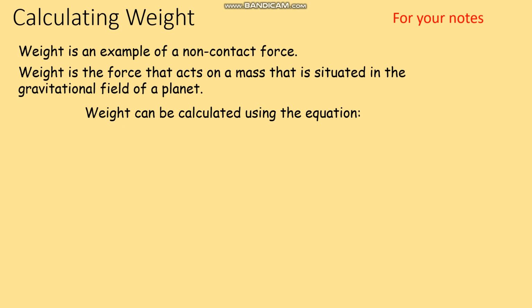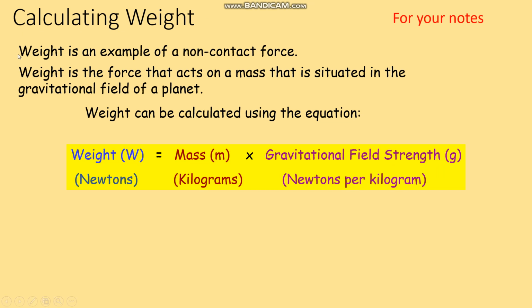Now this is the crux of it, and it's a formula that you will need to learn. If you've got a system of highlighting the formulae you need to learn, this one needs to be highlighted. The weight of a body can be calculated by multiplying its mass, m in kilograms, by the gravitational field strength, g, in newtons per kilogram.